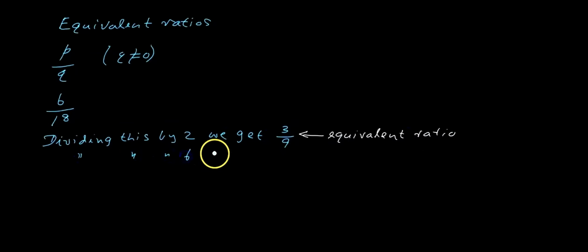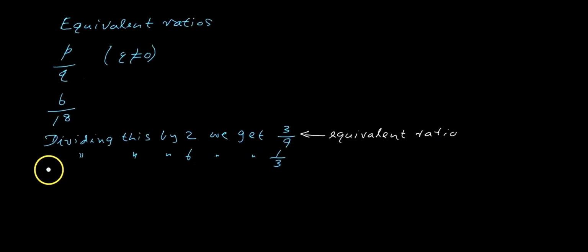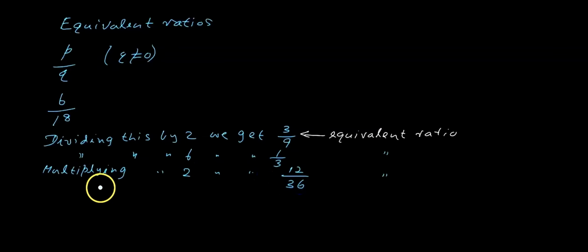By dividing the original ratio by 6, we get another equivalent ratio, that is 1/3. Suppose we multiply the numerator and denominator of 6/18 by 2. Then we get another equivalent ratio, that is 12/36.